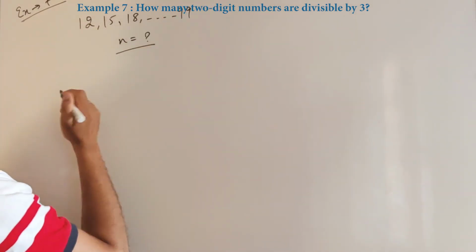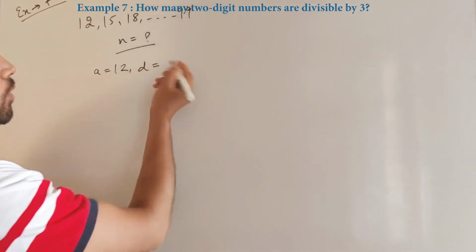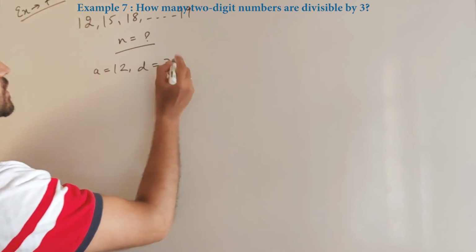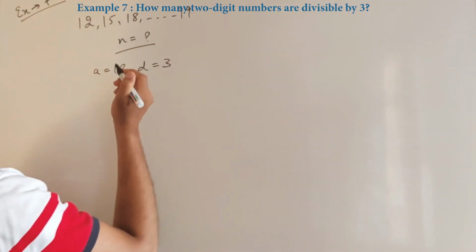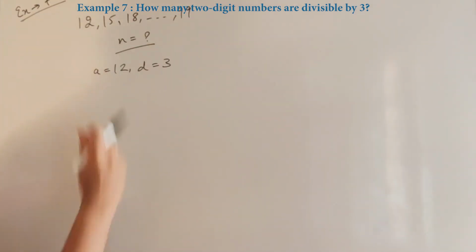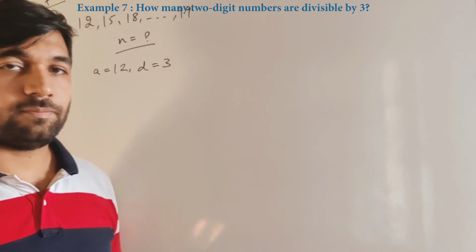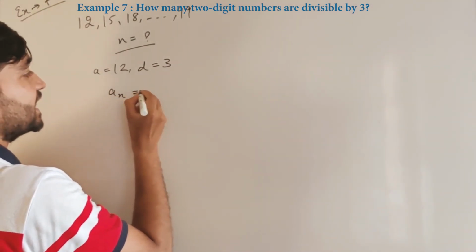Now what do we know from the sequence? We know the A value, which is 12, and the common difference is 3, since 15 minus 12 is 3. Here, 99 is your nth term, so I call 99 as AN.